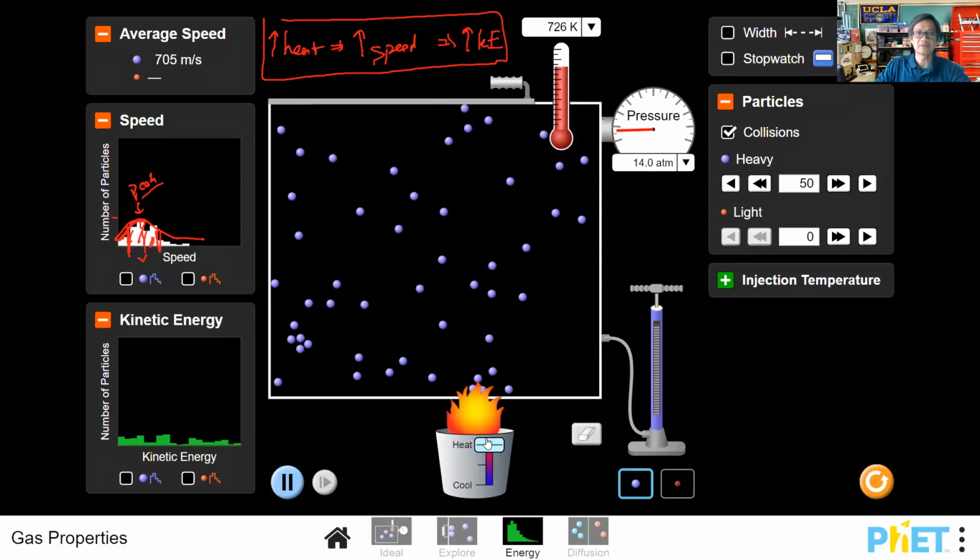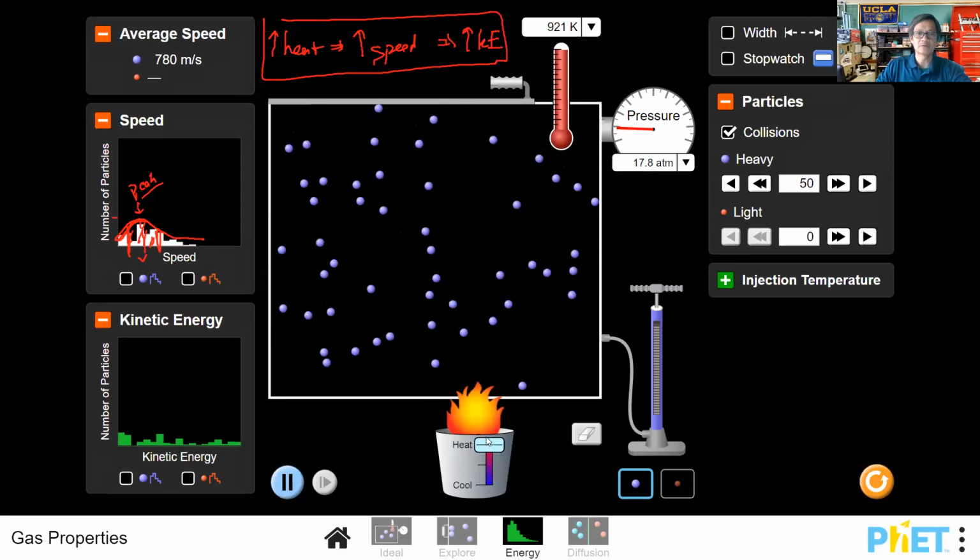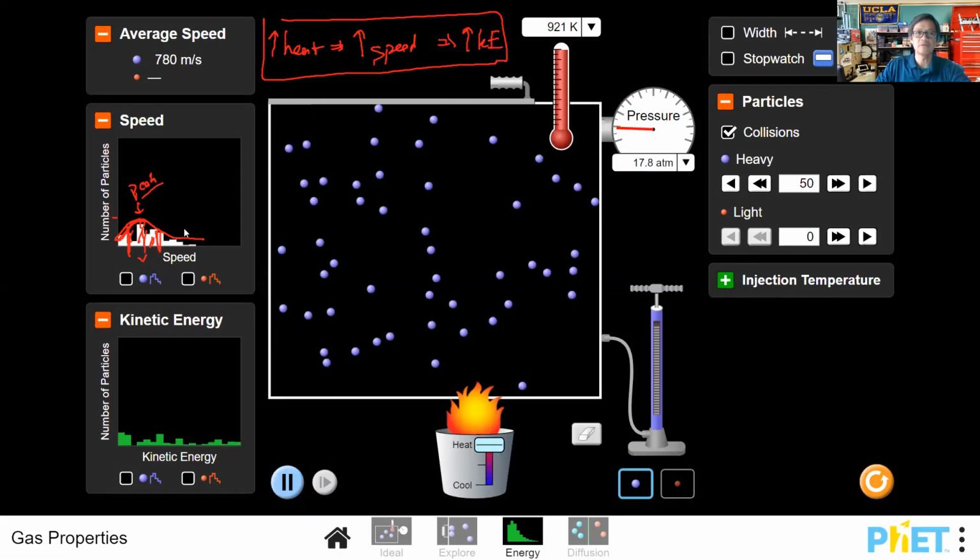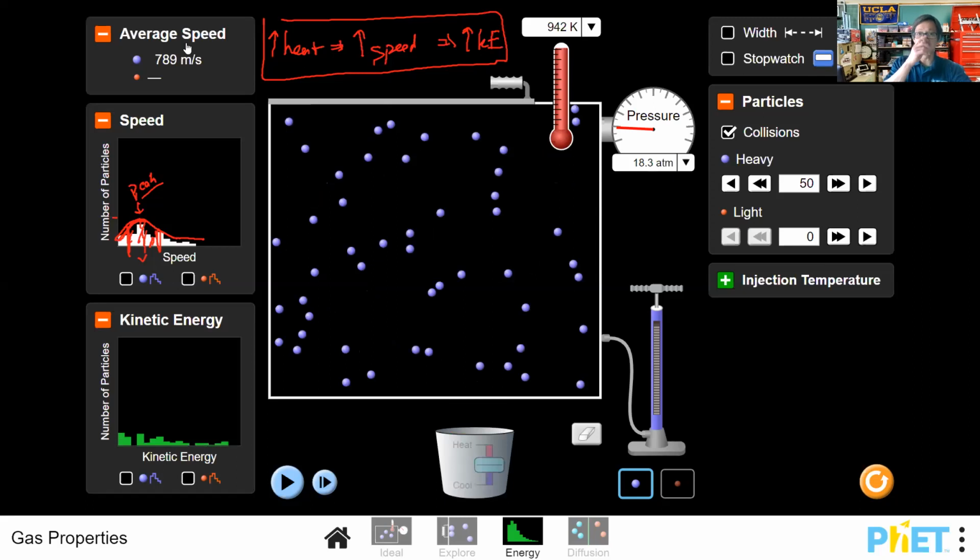It goes up to 730. Look at the graph as well. The peak shifts over, and the average speed goes up. So as we add more heat, the speed goes up, which means the kinetic energy also increases. And that is what you will need to keep in mind as we move forward with the gas laws.